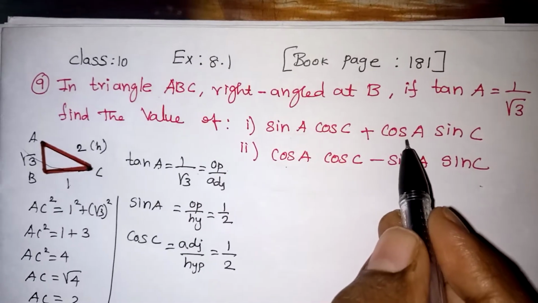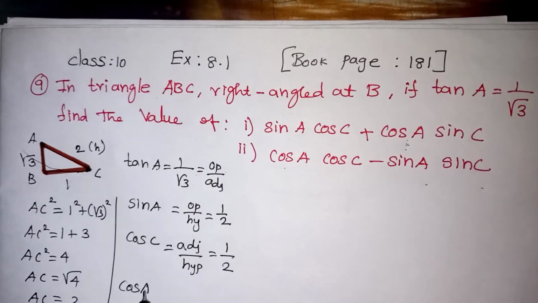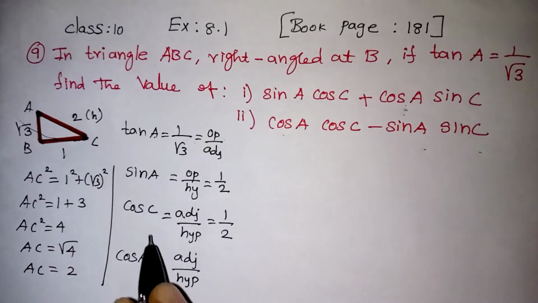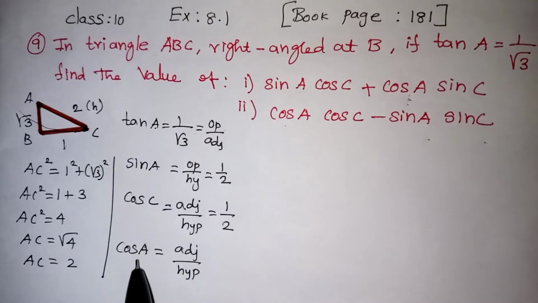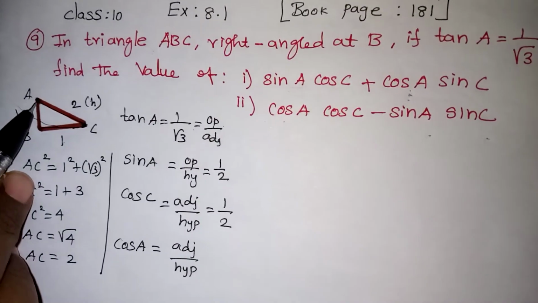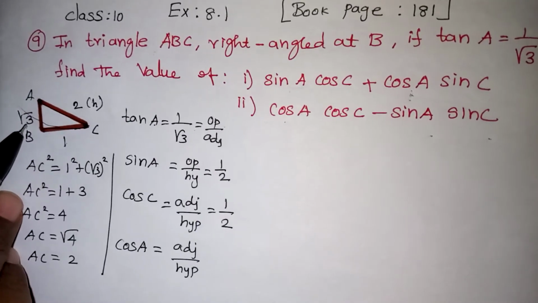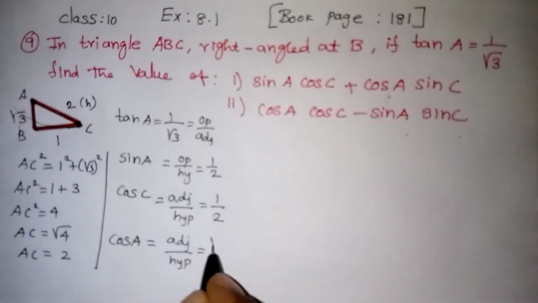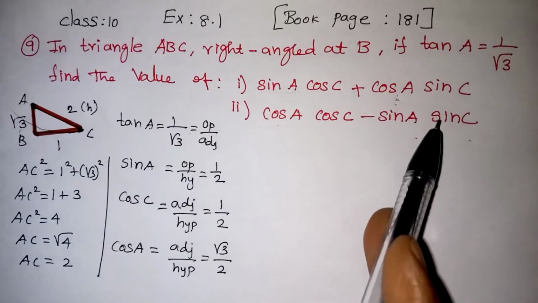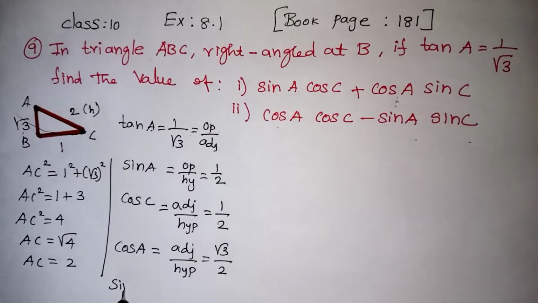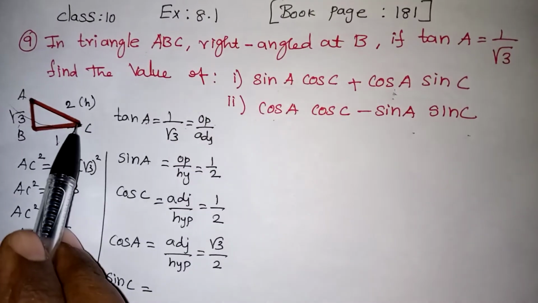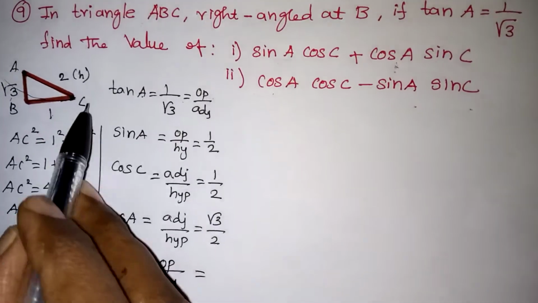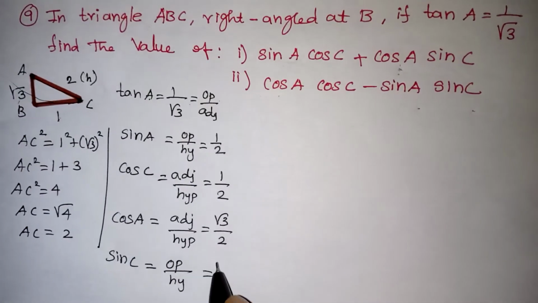Then we need cos A value, again the formula adjacent by hypotenuse, but here the angle is A. From the A, the adjacent side is root 3, and my hypotenuse is 2. Next we want sin C. Sin C is opposite by hypotenuse. From the C the opposite is root 3, hypotenuse is 2. So root 3 by 2.